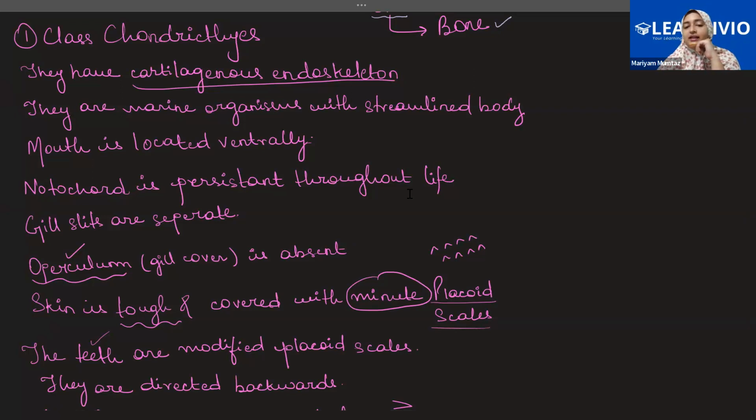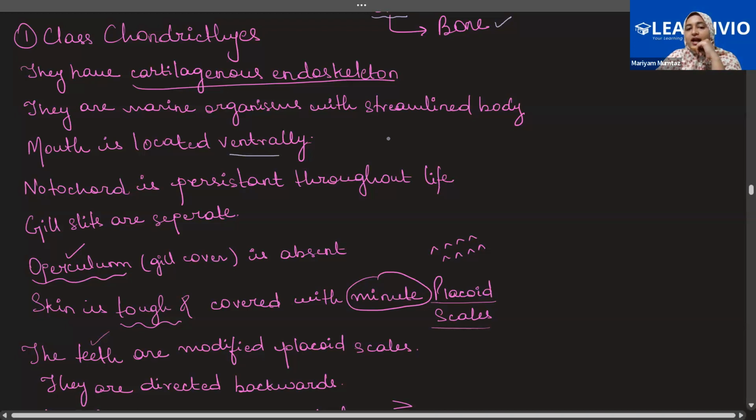That is why they are Chondrichthyes. All of these organisms are marine, meaning they are found in the sea or ocean, but not in fresh water. Their mouths are located ventrally.